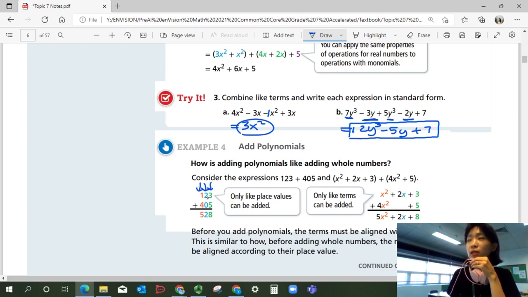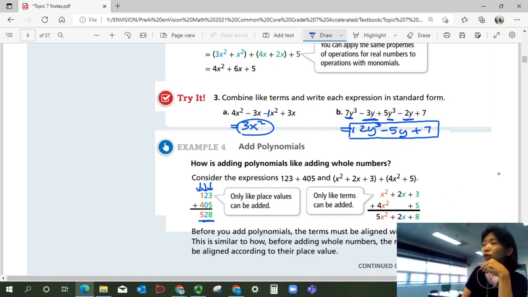The ones together, the tens together, the hundreds together, and then that's your sum. It's similar to add polynomials when you order them in standard form, by the degree of each term. And then you add the like terms for each polynomial.